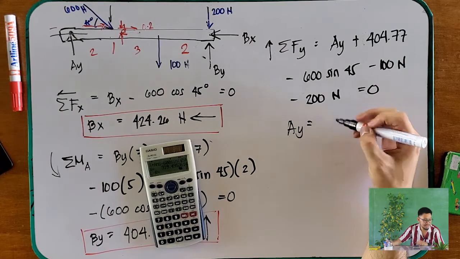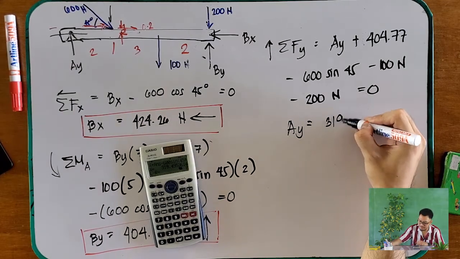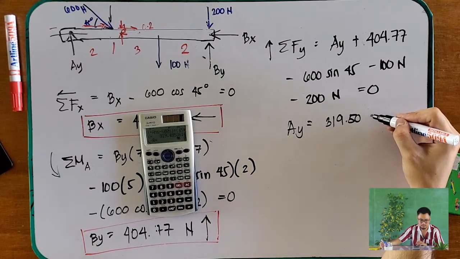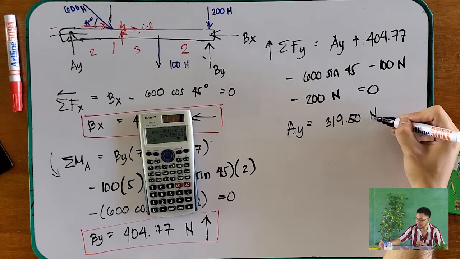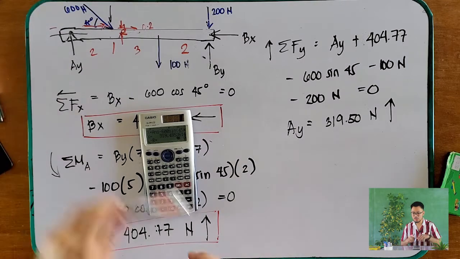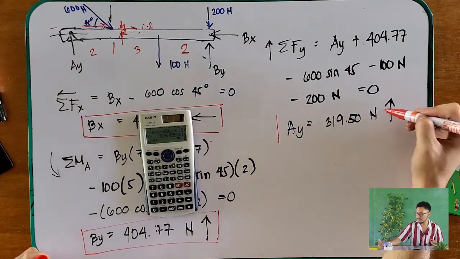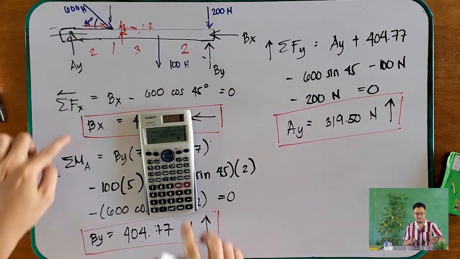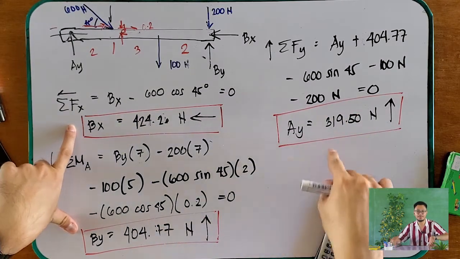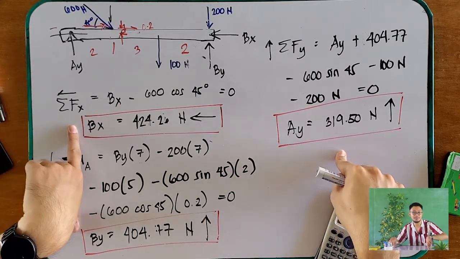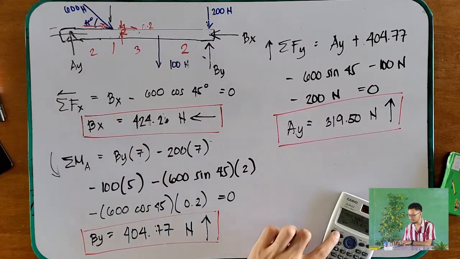Your answer here is 319.50 newtons, and this one is going up. So these are your unknown reactions on your pin and your rocker support. Okay? Easy.